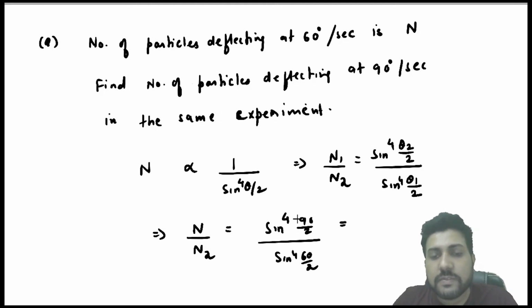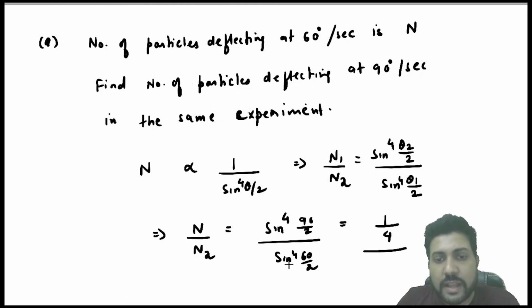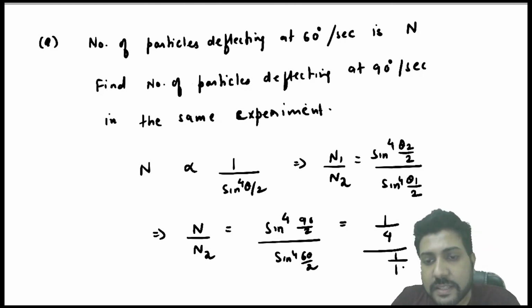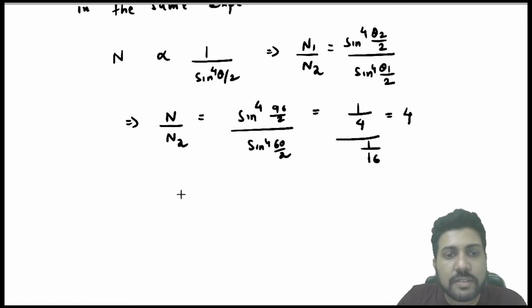Sine 45 is 1 by root 2, and 1 by root 2 power 4 is 1 by 4. And here sine 30 is half, and half power 4 is 1 by 16. So from this you will get N by N2 equal to 4, that means N2 is equal to N by 4.